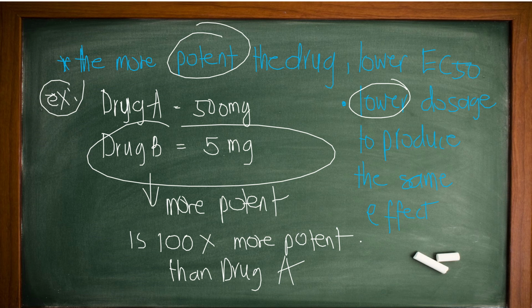The more potent the drug, the lower the dosage. So, if fentanyl has high potency, it produces a significant therapeutic response at low concentration or high concentration? Low concentration. So, yun ang ibig sabihin ng tinatawag natin na potency.